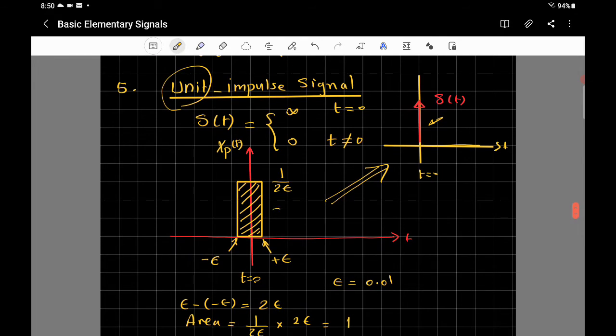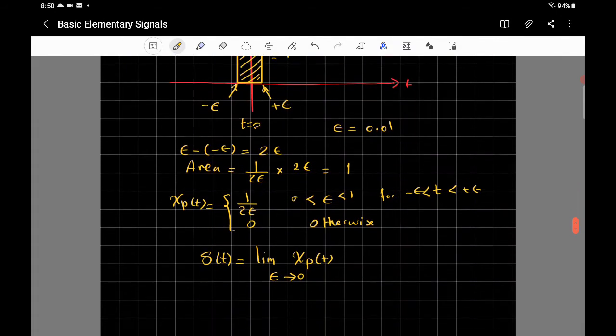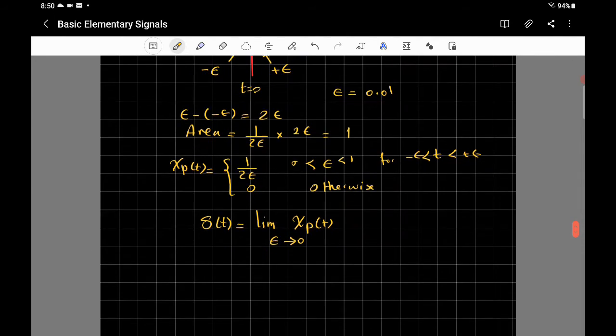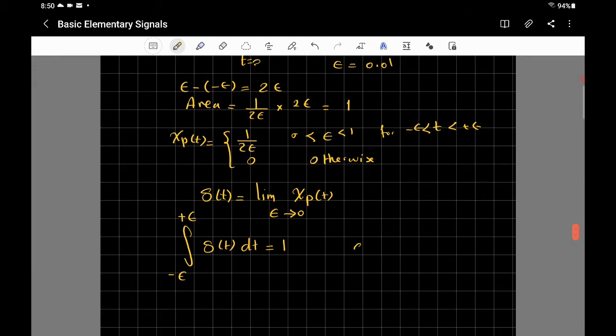Because the area is equal to 1, as we explained. So that's the definition of it. Actually, you can say that the integration of this pulse from negative epsilon to positive epsilon, and of delta of t, is always equal to 1, all right? But this is for epsilon a very small value, all right?